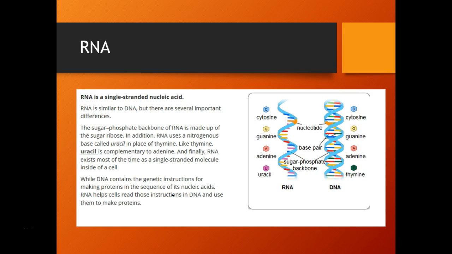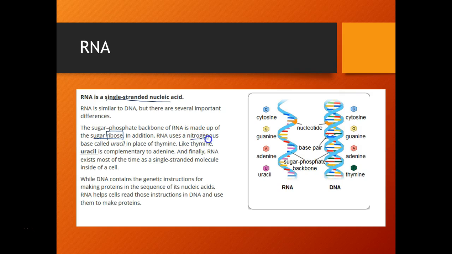So we talked about the structure of DNA and the different bases that are present in DNA. Now we'll go ahead and talk about RNA. So RNA, unlike DNA, is actually single-stranded. RNA and DNA are similar in some ways, but there are some differences that are very important. For example, the sugar phosphate backbone of RNA is made up of the sugar ribose, and that's why we call it RNA instead of deoxyribose, which is in DNA.